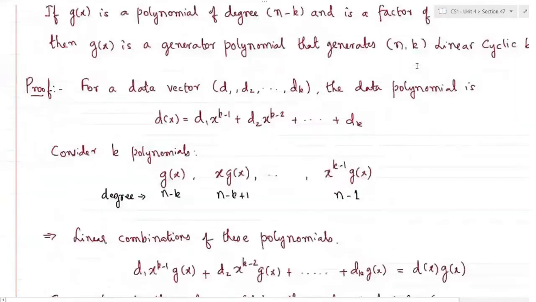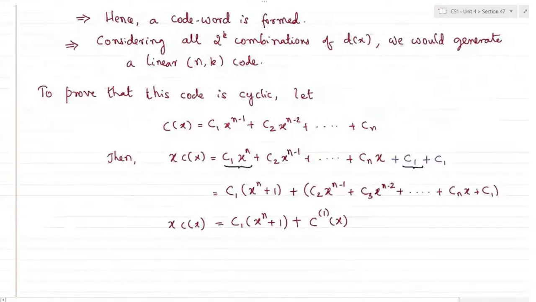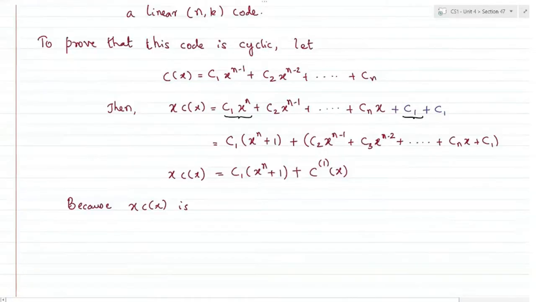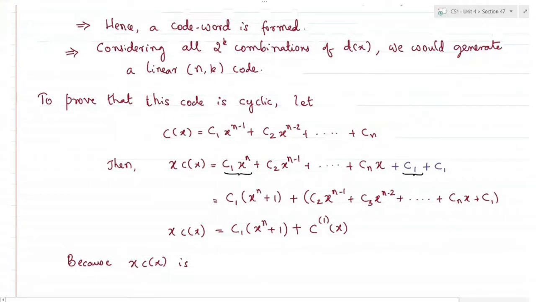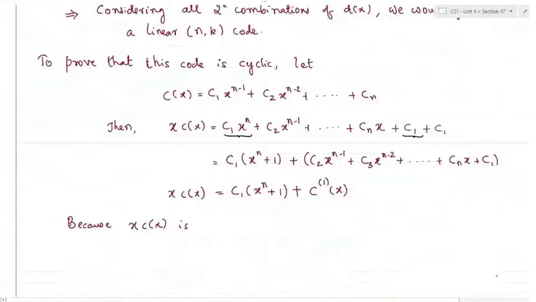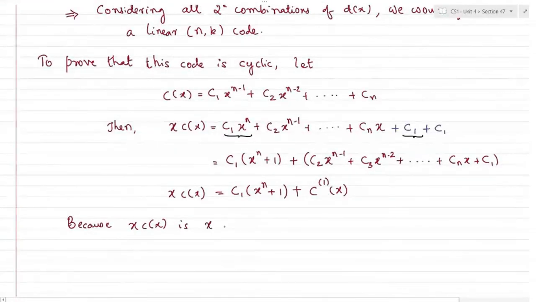So with that initial assumption, I can say that x c of x is nothing but, since c of x we have defined as the product of d of x and g of x, this is a code polynomial which results from linear combinations of g of x. So this is a code word that we have generated, and hence x c of x is nothing but x times d of x times g of x.